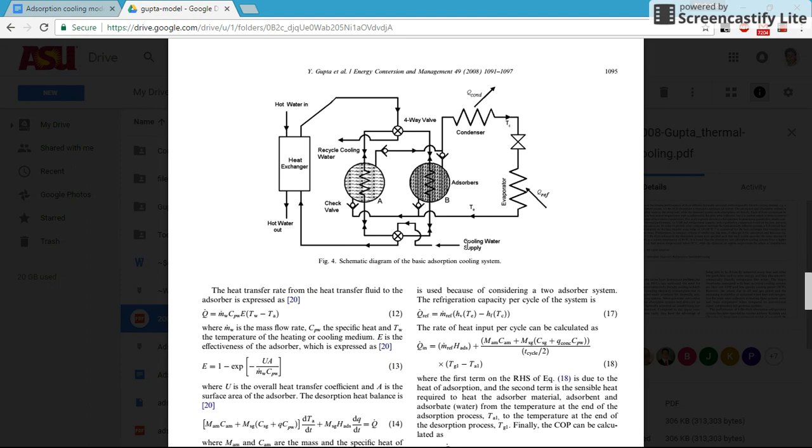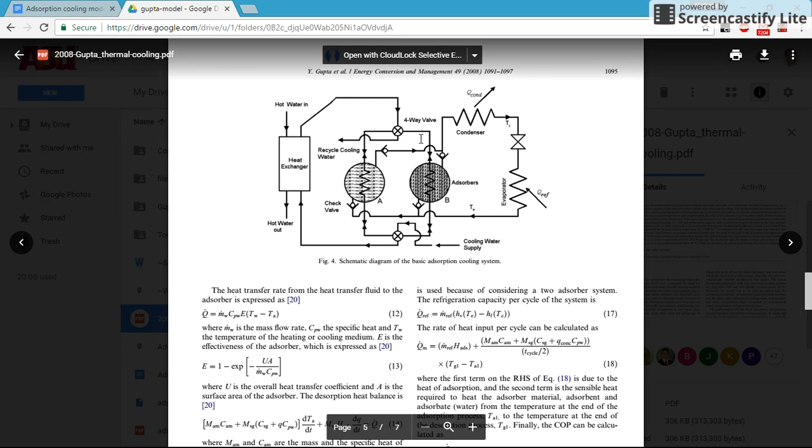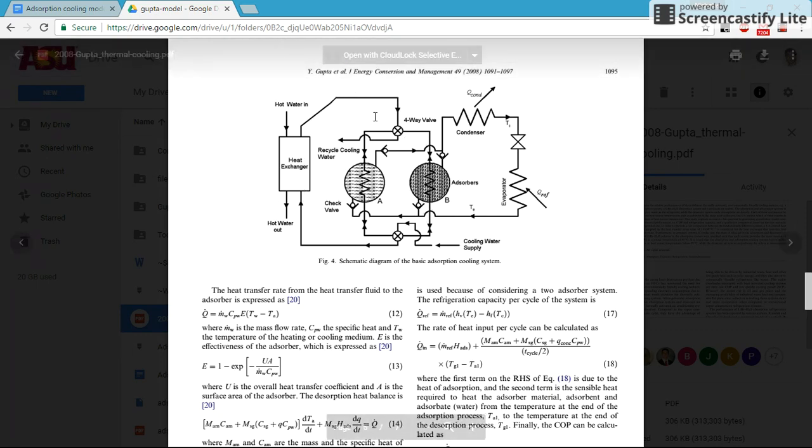You've probably seen it. Each of these adsorber beds is a heat and mass exchanger. So heat is being exchanged through this external loop, either as a heat input from some heat exchanger that could be air or water running through this loop, going through the bed and coming back and circulating, or after you switch the valves over, you can supply cooling, cold water or cold air to go through here and cool the bed.